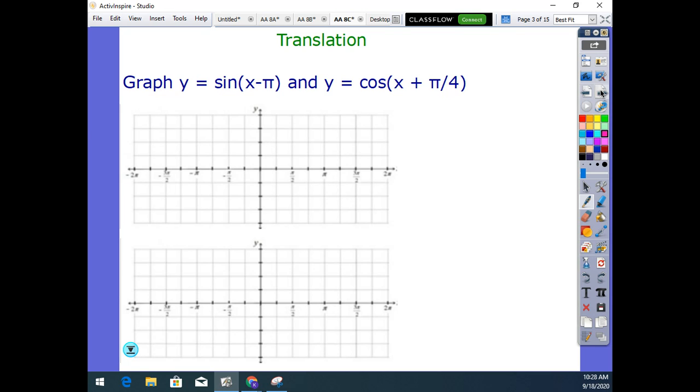Last but not least, we'll do a translation. I'm going to go ahead and graph the original sine curve using a dotted line so we can see how it shifts. You recall x minus pi moves the graph pi to the right.